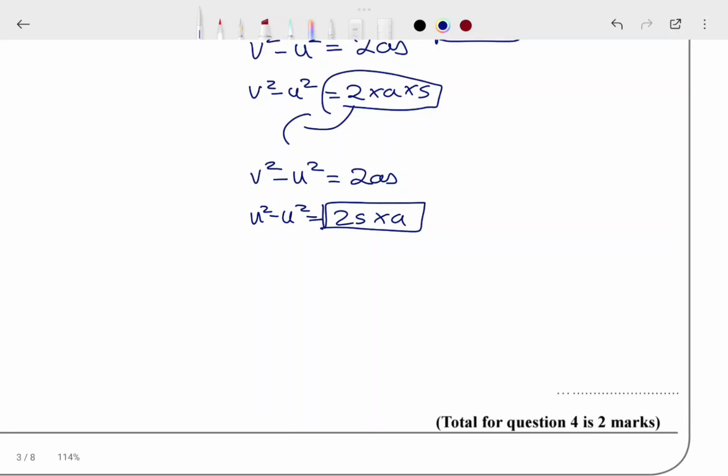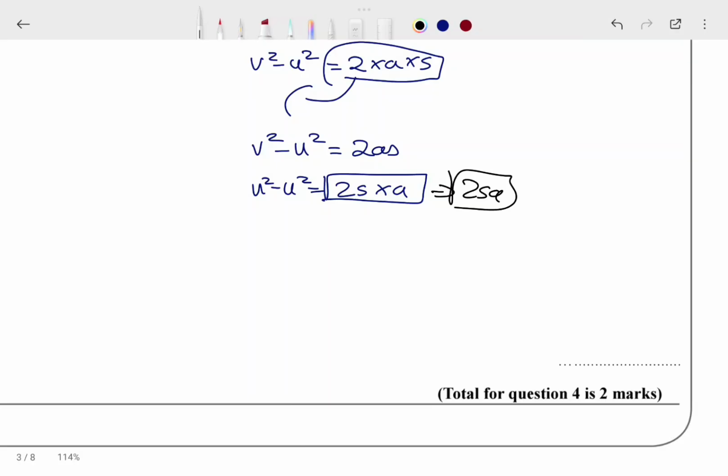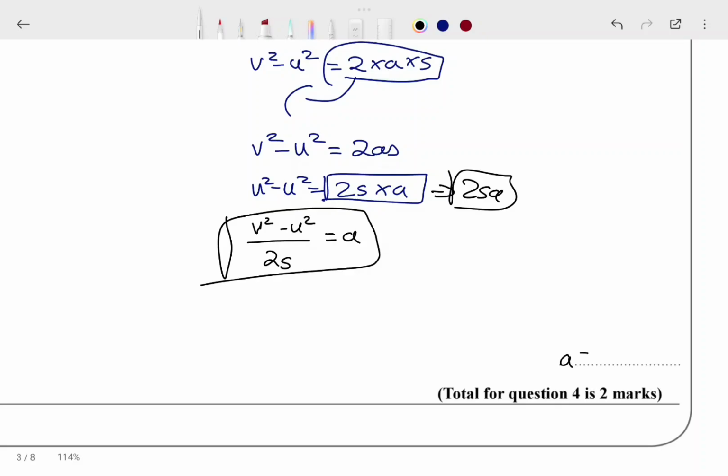Even if you multiply 2s times a, you simply get 2sa. But how are we going to write it? We say v square minus u square divided by 2s is equal to a. This is your final answer: a is equal to v square minus u square divided by 2s.